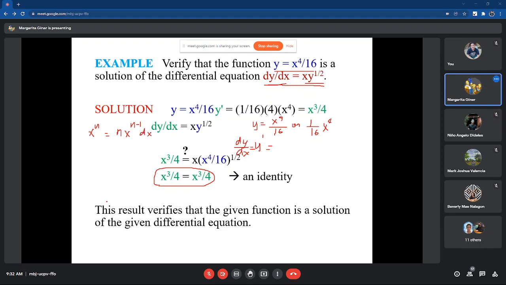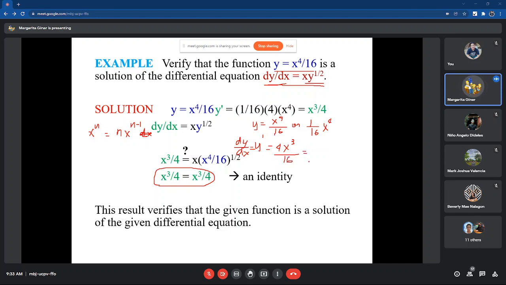That is what you get when you solve the derivative. Some do not write it, but you can. So it becomes 4 times x, 4 minus 1 is 3, and then this is divided by 16. That is your first derivative.